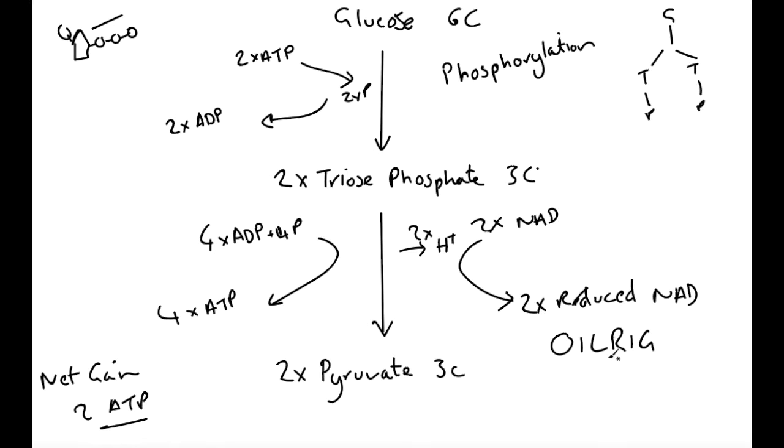Reduction is gain. These guys have gone over there, so it's a gain, but we call it reduction. What's happened here is the triose phosphate has lost these ions, so that's called oxidation. So the first stage was called phosphorylation. This stage, from the triose phosphate to the pyruvate, is called oxidation.